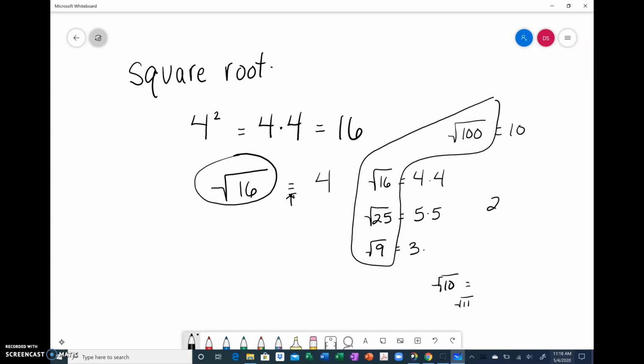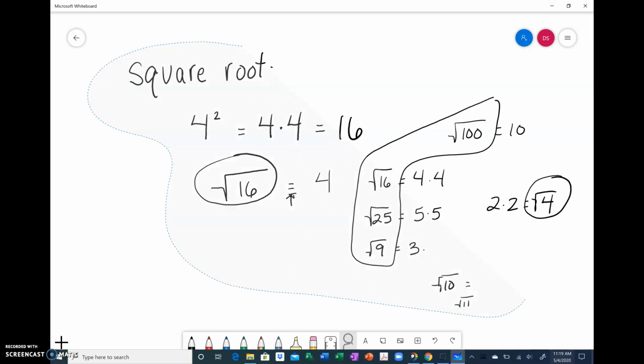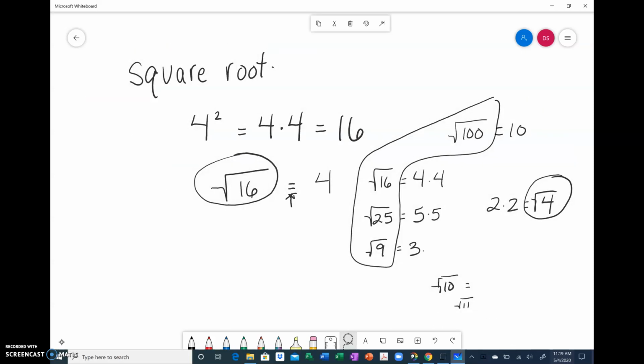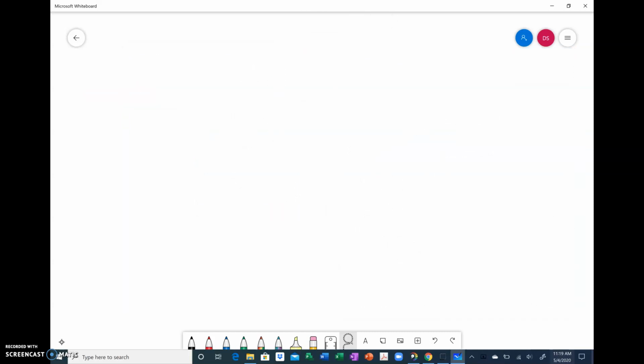But when you square a number, the resulting product is a perfect square, okay? And then you see perfect squares down below the definition for square root. All right, so let's do some work with just these perfect squares, okay?